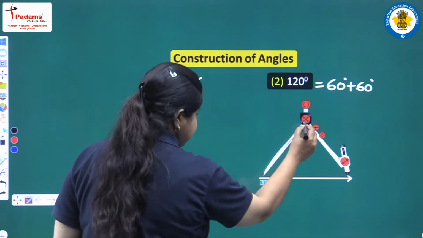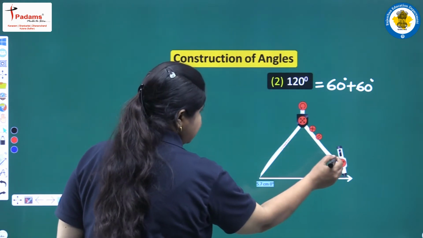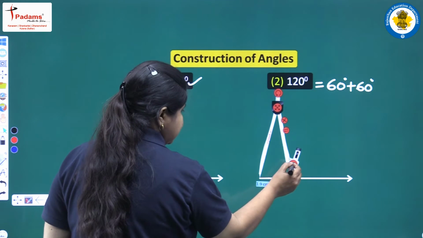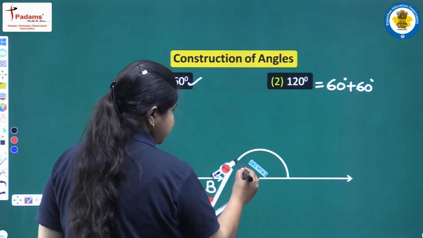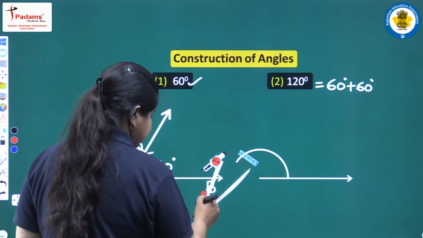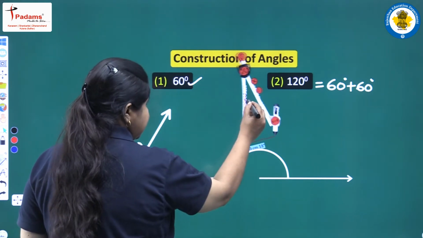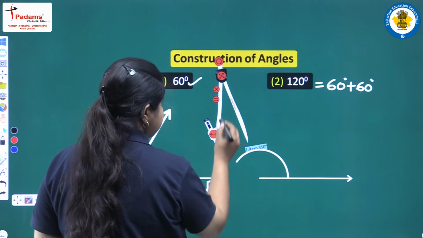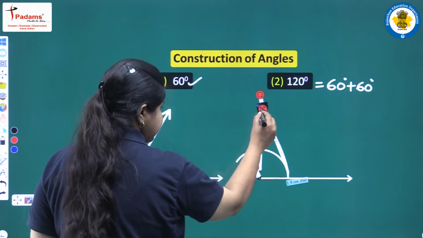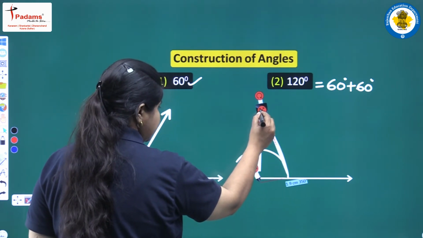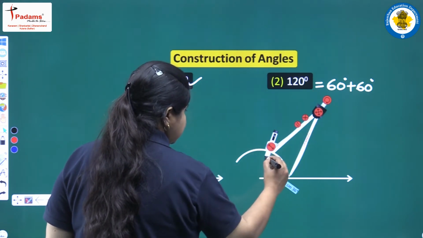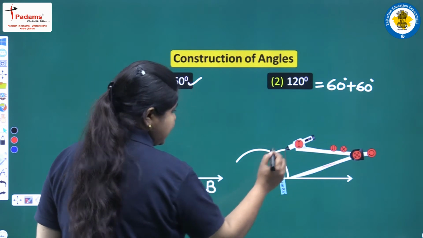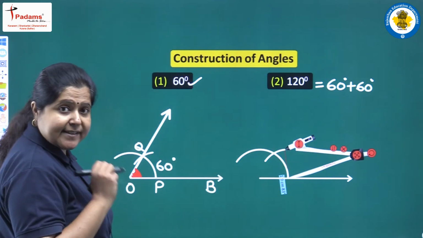We will keep the pointed end at this point, and with a suitable radius we will draw an arc in this way. You can see. Then again, to construct 60 degree angle we will keep the pointed end at this point. Without changing the radius we will draw another arc in this way. In this way we get 60 degree angle.